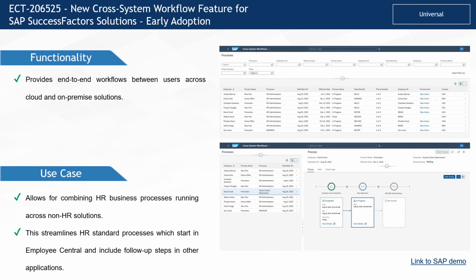So this will streamline HR standard processes such as new hire or change of working time processes, which start in Employee Central and include follow-up steps in other applications such as an SAP payroll system. This feature enables end-to-end transparency of all process steps and provides a much more seamless experience for HR professionals. So this is a really useful and user-oriented enhancement.